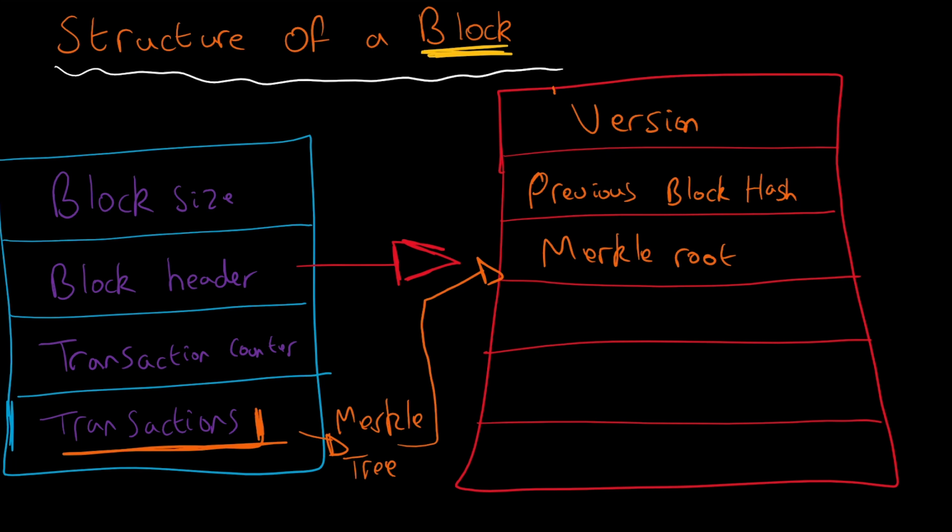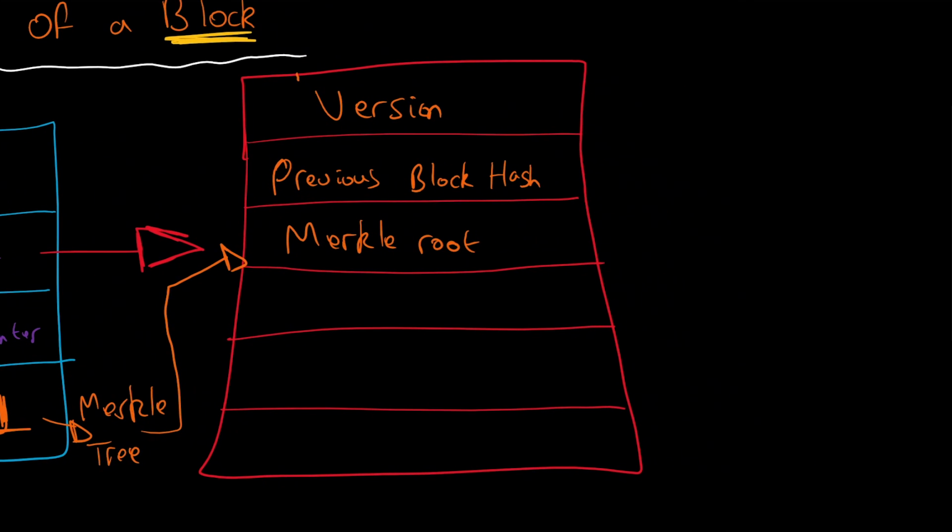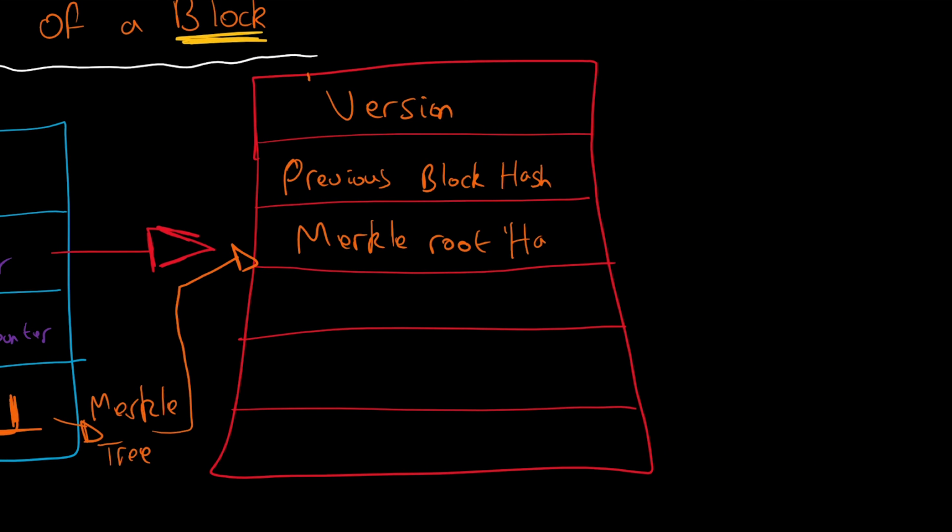If one of the transactions were to be modified, changed, removed, or any change to the overall transactions were to occur, then this Merkle tree would result in a different Merkle root hash. Really should put hash here so it's a bit more obvious that it's, well, a hash.